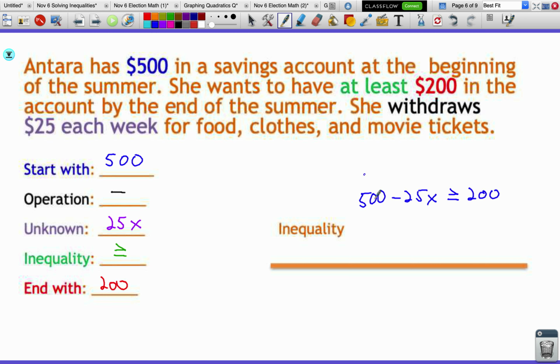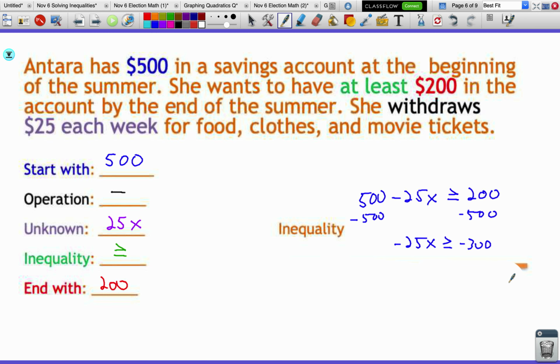All right, let's solve this. I'm going to go ahead and subtract 500 from both sides. Get negative 25x is greater than or equal to negative 300. I think I was going to use this as my number line, but I need the space. All right, divide both sides by negative 25.